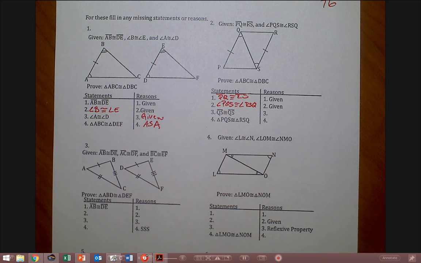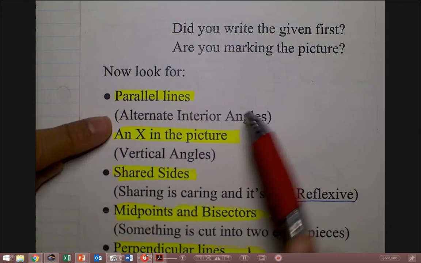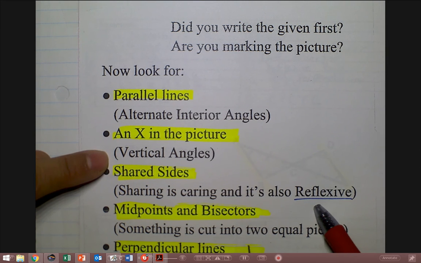Shared side would be what? Reflexive. I have one person. Shared side. If I'm looking at my checklist. It says QS on my checklist right here. Share a side. Do they share a side here? It's going to be reflexive if they do.